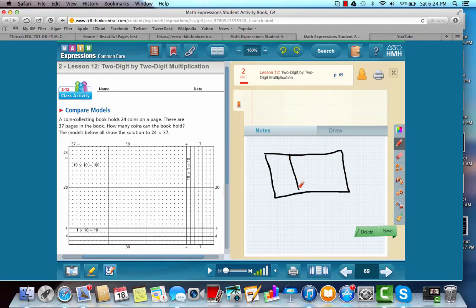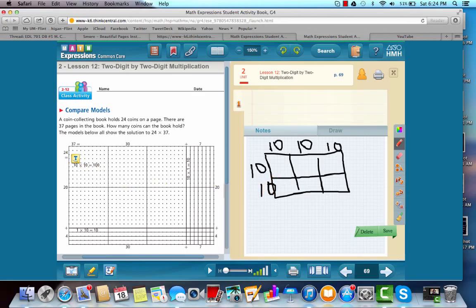So we're going to go 1, 2, 3. This is 10, 10 here, 10 here, and 10 here, which is 3 tens, right? And then you have 20, which is going to be 2 tens.